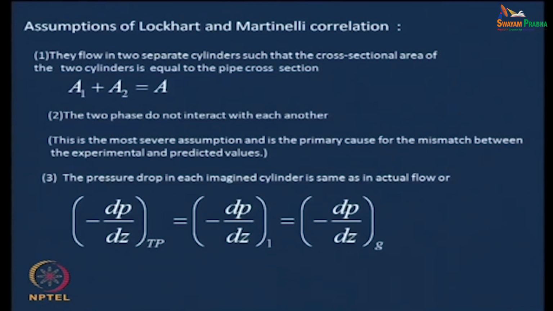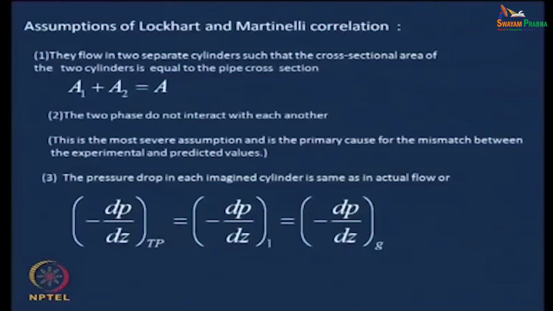The liquid film cannot be assumed to flow in a cylinder. So naturally, if you have to take an equivalent cylinder for the annular flow case, then the shape factor has to be accounted for, is it not? This is the anomaly in assumption 1 which we have stated here. The next assumption was that the two phases do not interact with each other.